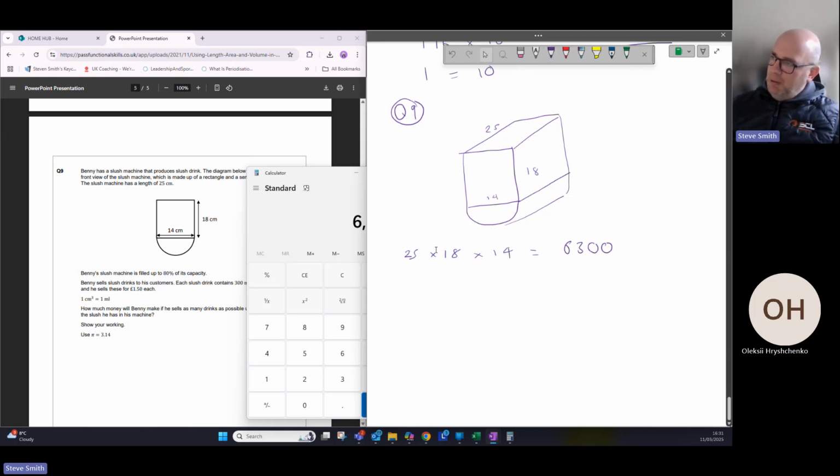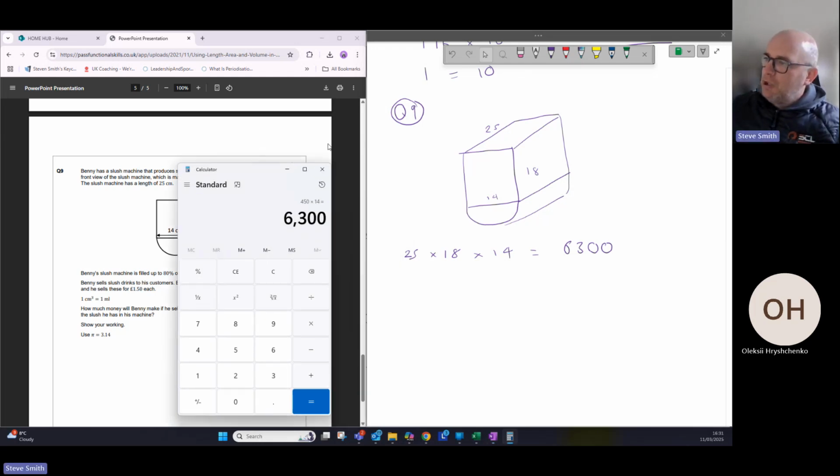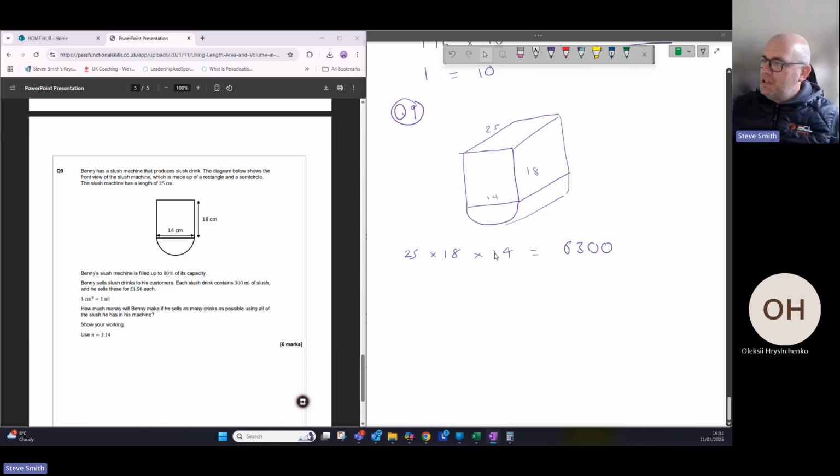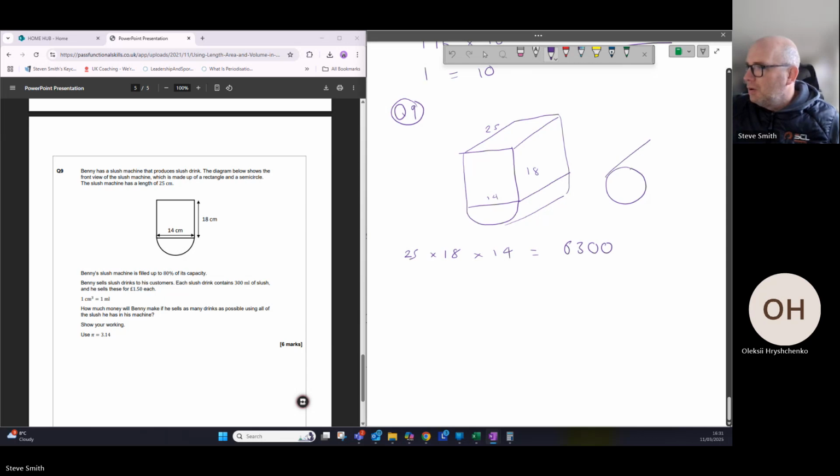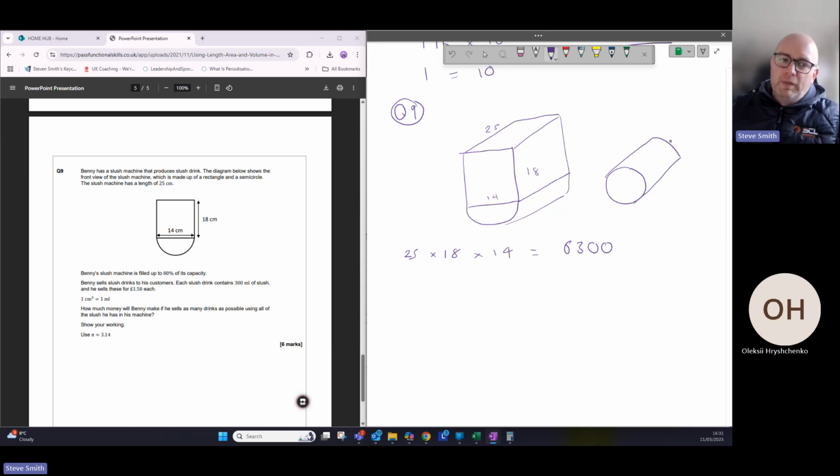So that's the rectangle part. Now we need to work out the cylinder part. If we imagine that as being a full cylinder, we would cut it in half. So if we work out the full volume of that cylinder, what we need is the area of the circle times the length, which is 25.